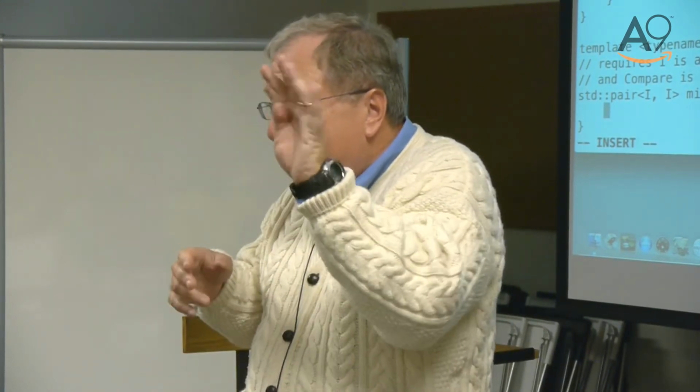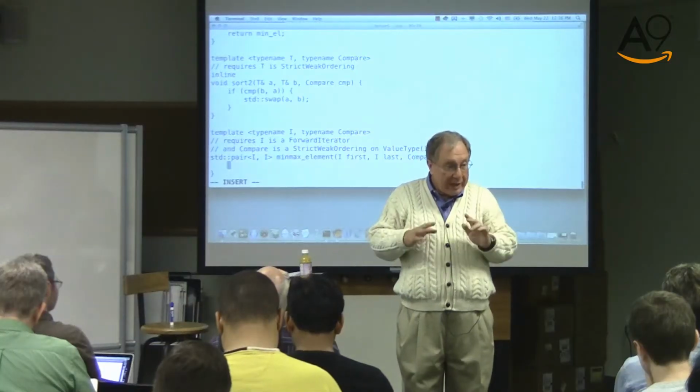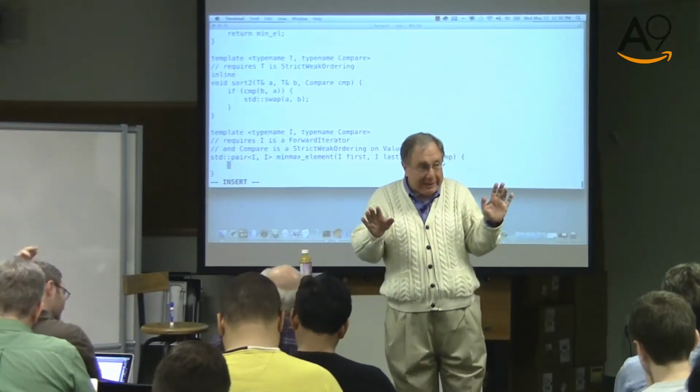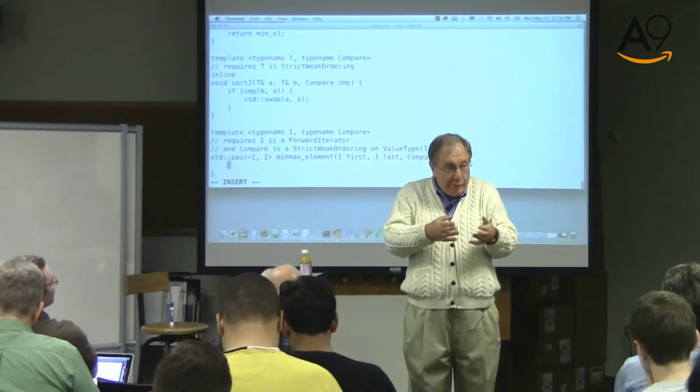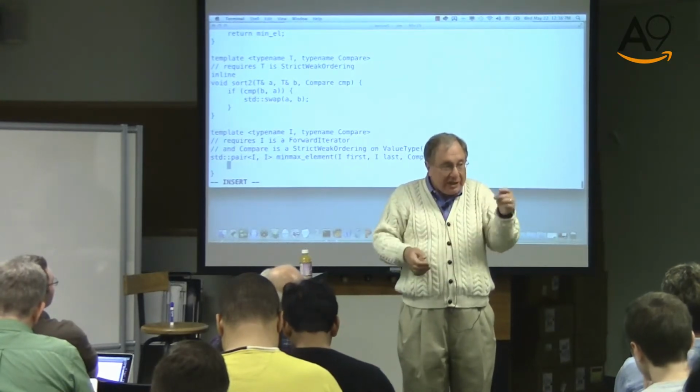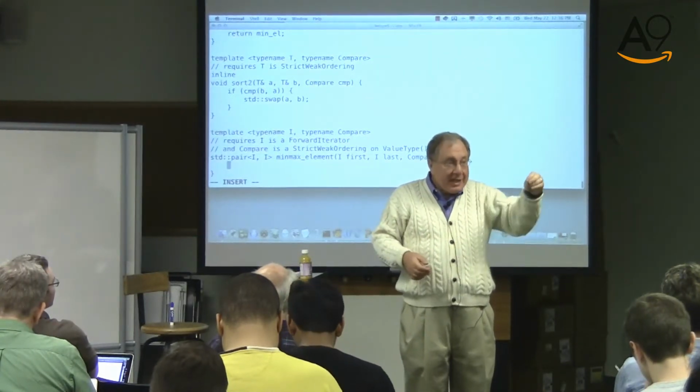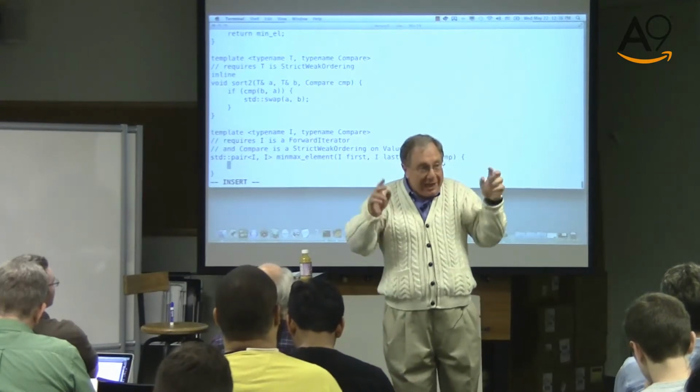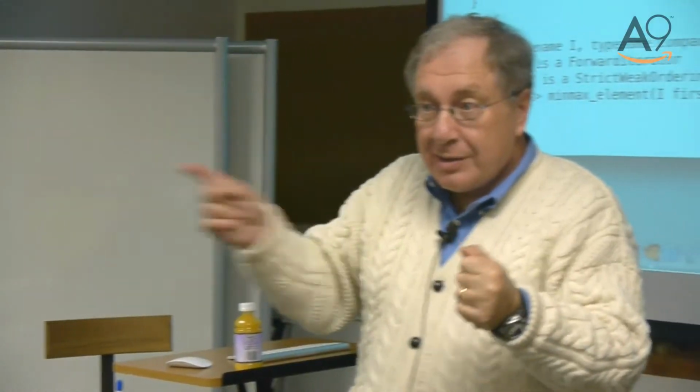That is just mathematical necessity. A sequence with n elements requires n plus 1 positions to describe algorithms on it. So this has nothing to do with C++. It's everything to do with the structure of a sequence of n elements, which has n plus 1 interesting positions. Right?